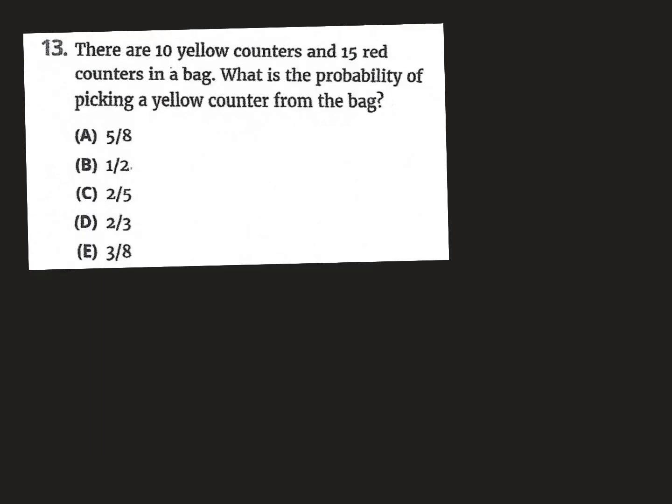There are 10 yellow counters and 15 red counters in a bag. What is the probability of picking a yellow counter from the bag? So there are 10 yellow, and there are 15 red.